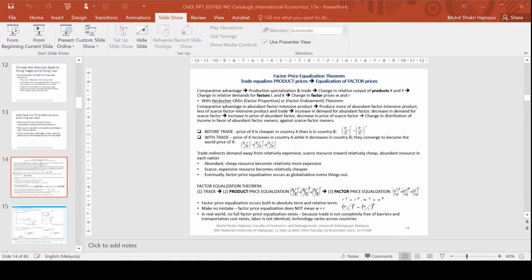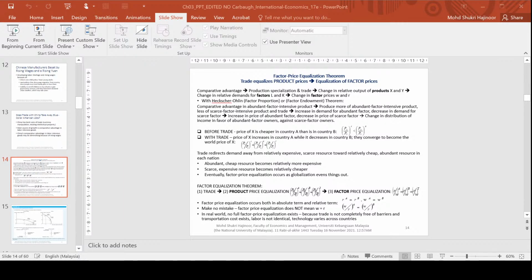As a result, the other way to say it is that the demand in the States for labor relative to capital decreases, because the product aircraft is capital intensive.